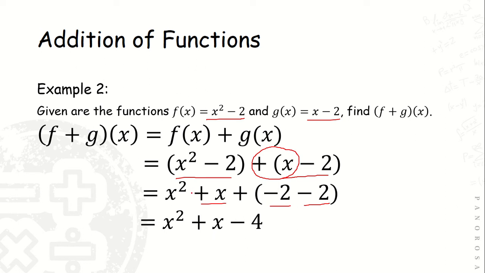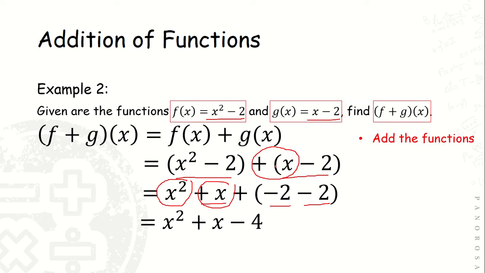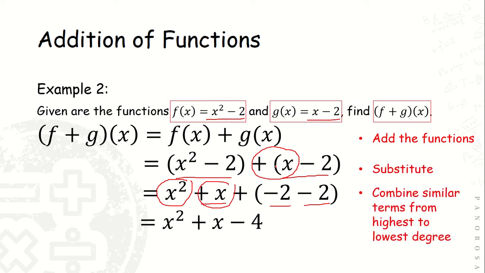And then simplify, copy x squared, copy x plus x, and then perform the operation negative 2 minus 2, that is negative 4. So the final answer is x squared plus x minus 4.